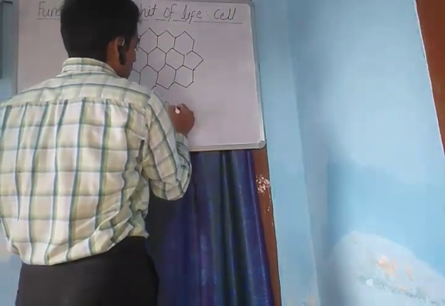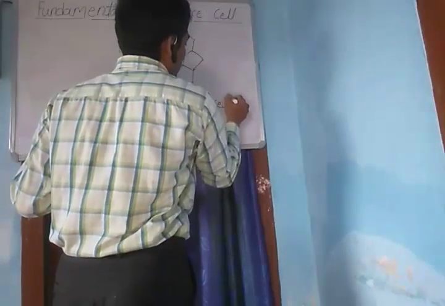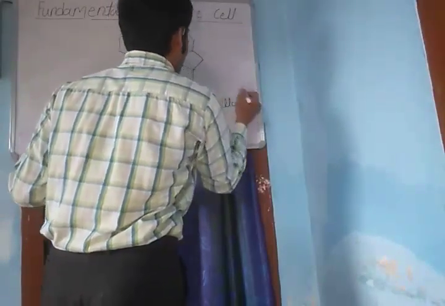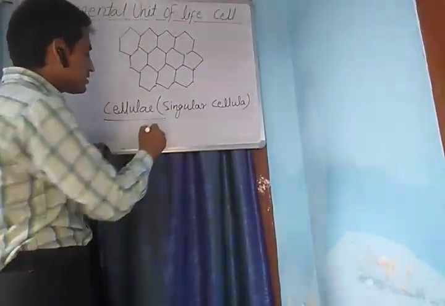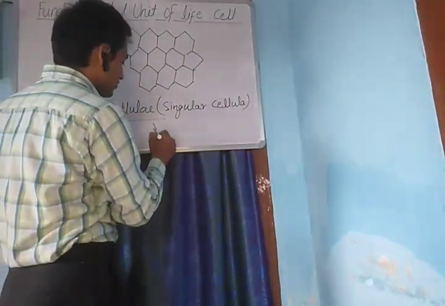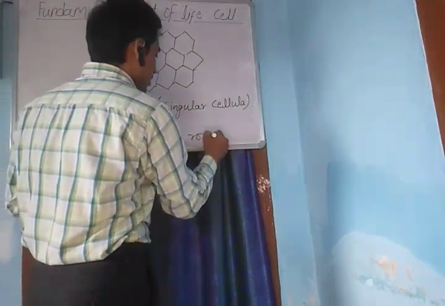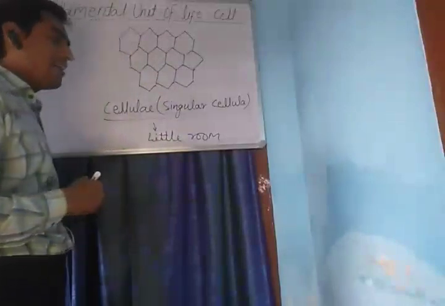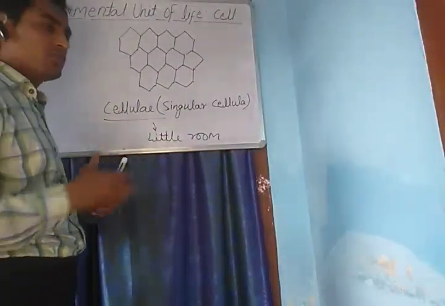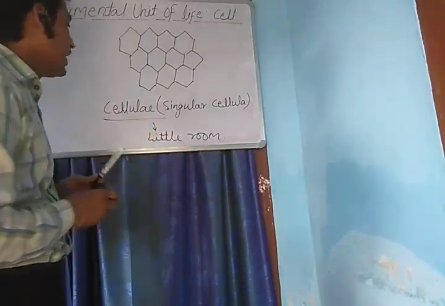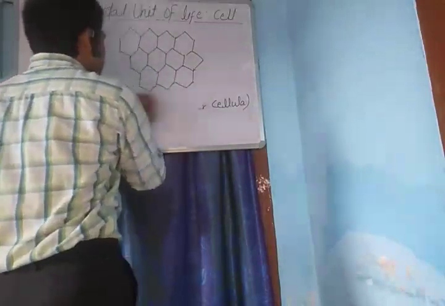Cellula, singular, comes from Latin and it means little room. But after that, he converted the name into cell and wrote a book, Micrographia.